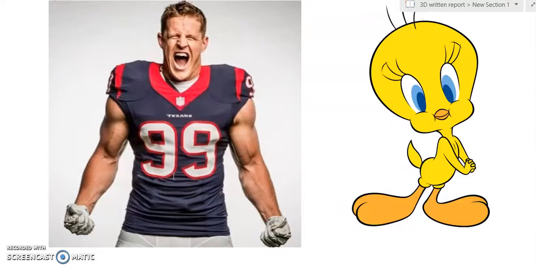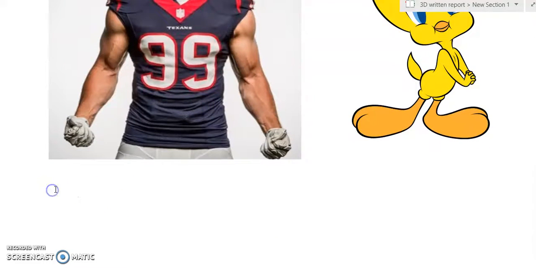Now, here's the deal. Tweety will also get to the end of the field eventually, but it's going to take him a lot longer. So we say that J.J. Watt has more power than Tweety because he can do the same task faster. So I'm going to go ahead and actually type this up.